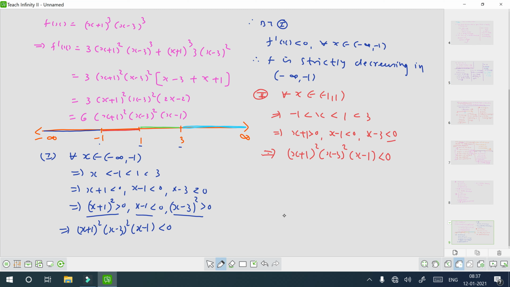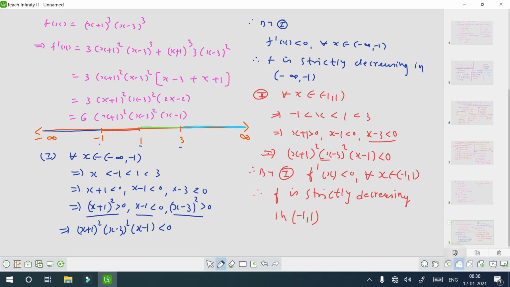Because x minus 3 less than 0, so (x minus 3) whole square greater than 0. (x plus 1) whole square is positive, so it is the product of two positive quantities with one negative quantity. That comes out less than 0. And therefore by 1, f dash x is less than 0 for all x belongs to minus 1 to 1. And therefore f is strictly decreasing in the open interval minus 1 to 1.